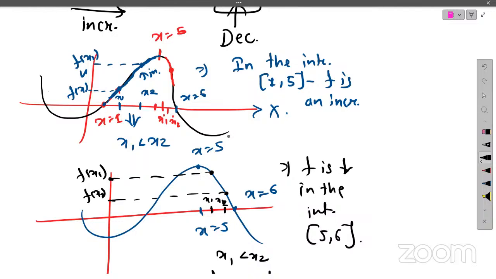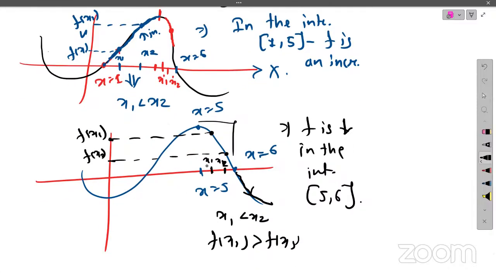In the second graph, we can see that the function is also decreasing, right? Here also it shows decreasing behavior, so you can say it is decreasing overall. But if we have an interval, how can we judge?